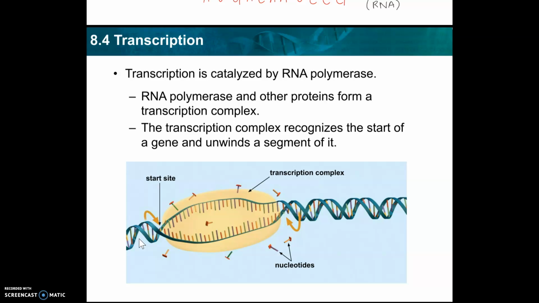This transcription complex is going to recognize where the gene starts. So here you can see in that image it's represented by a start site. And at that start site, that is where the DNA molecule is going to unwind. And the RNA polymerase is going to slide along that DNA molecule until it reaches the end of that gene. Right?